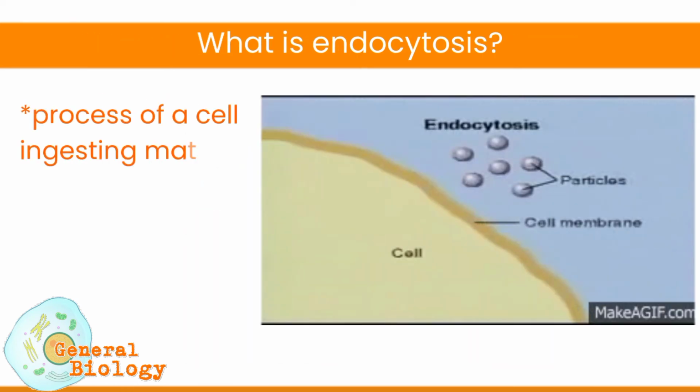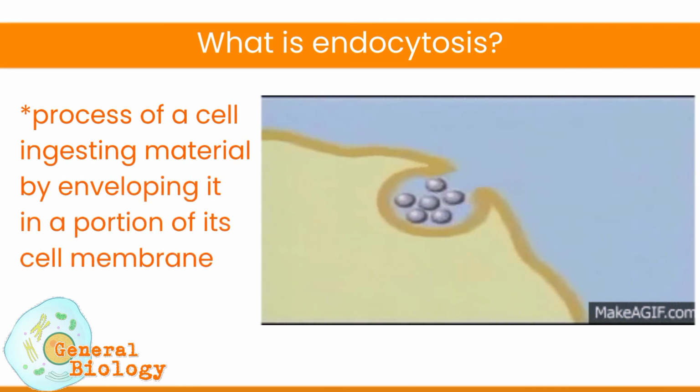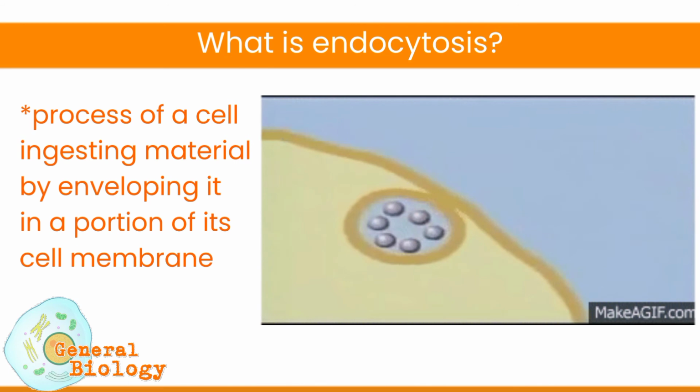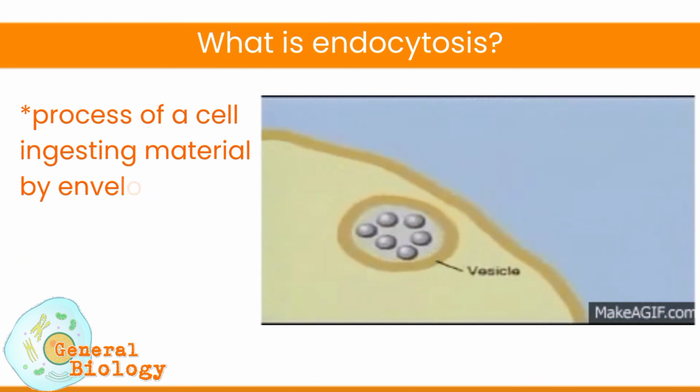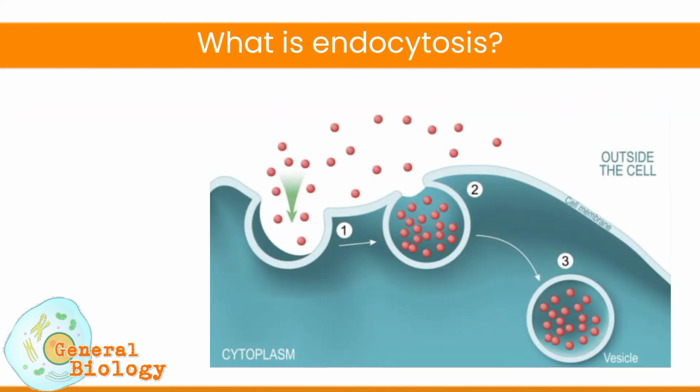Endocytosis is the process of a cell ingesting material by enveloping it in a portion of its cell membrane and then pinching off that portion of membrane. It is also known as the bringing into the cell.